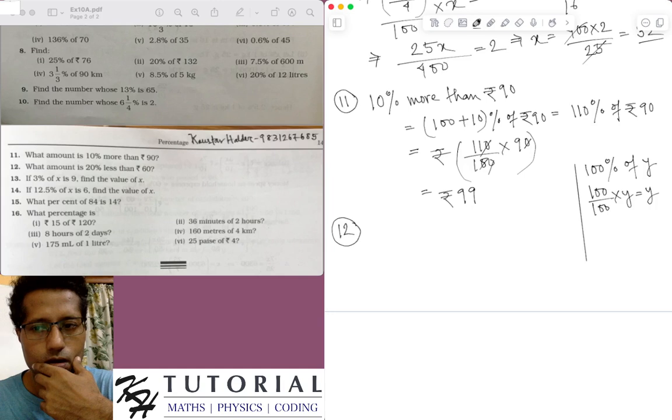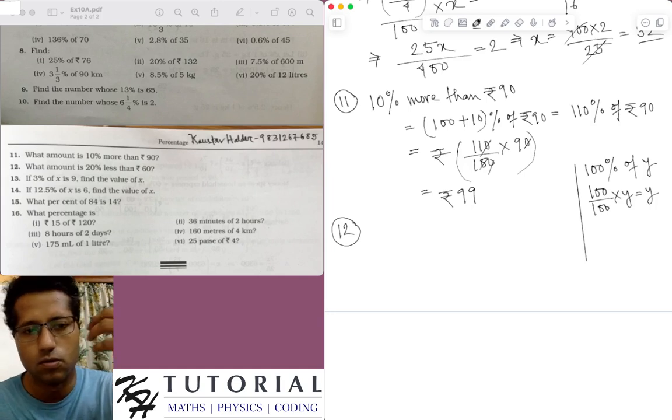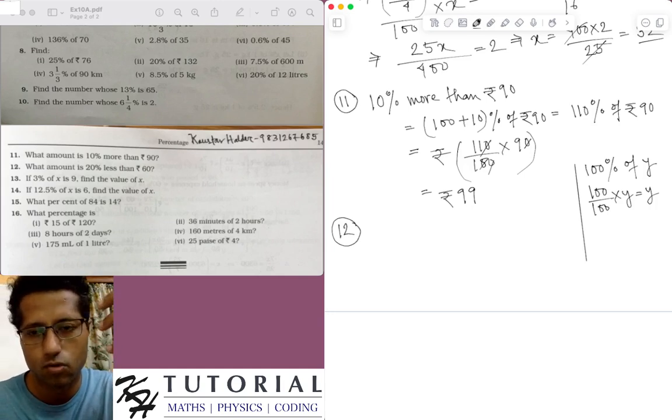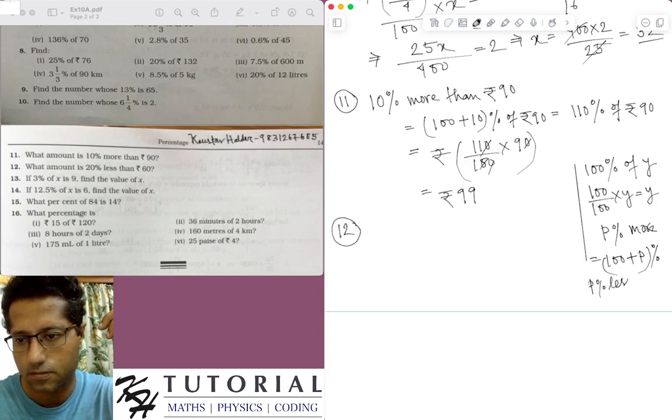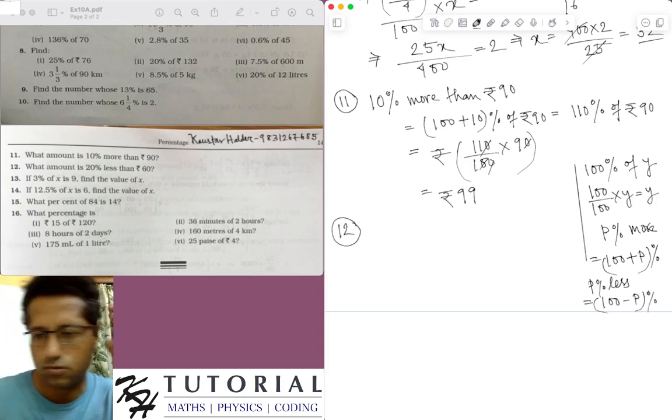So now when it says 10% more or some percent less, P percent more is equal to 100 plus P percent, and P percent less equals 100 minus P percent. This you should keep in mind.